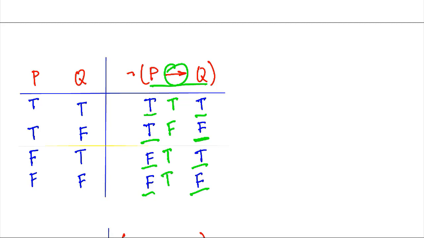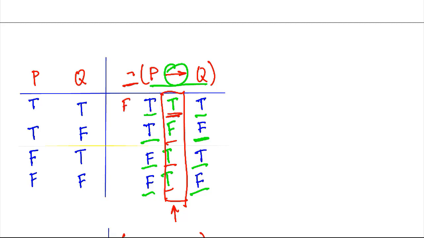Okay, last we have to fill in the truth values underneath the not sign, and for that we are just looking at these here. So these are the truth values for the sentence P arrow Q. We want to figure out what the truth values are for not P arrow Q. So we're just going to basically flip each one of these. The negation, of course, just flips true to false and false to true. Okay, so we have true here, so this is going to be false.